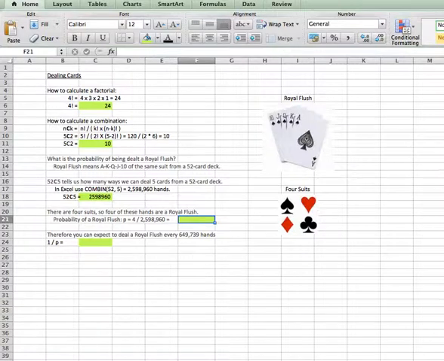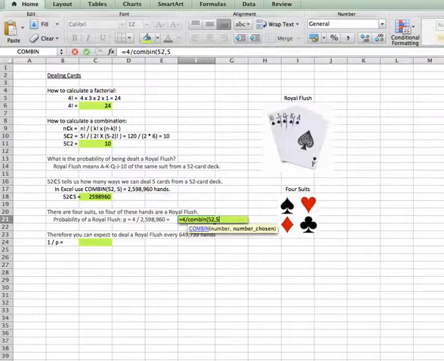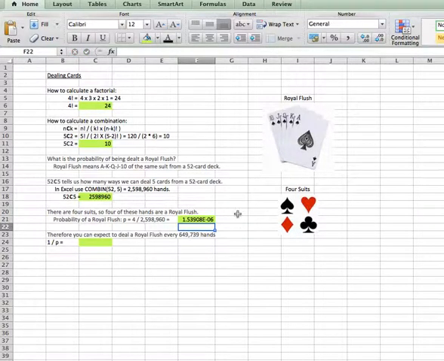Therefore, the probability of a royal flush equals 4 out of the 2.6 million. So we can calculate that as equals 4 divided by COMBIN of 52, 5. And so we see that the odds of a royal flush are very small, 1.54 times 10 to the minus 6.